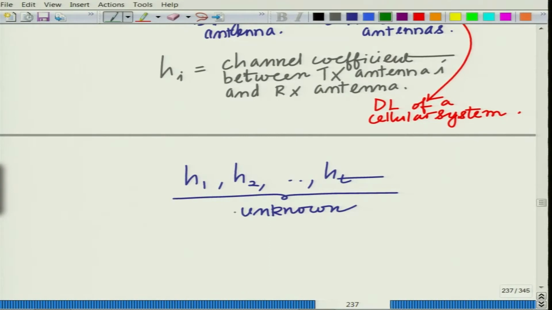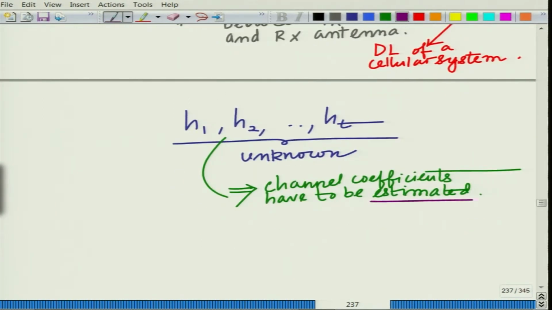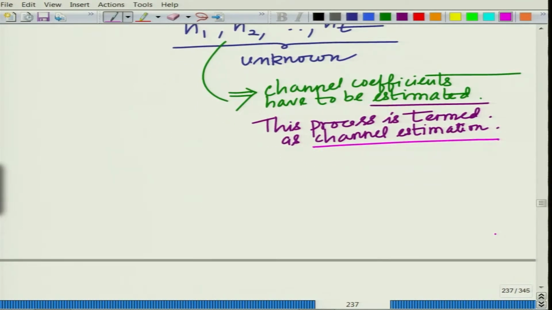So, the channel coefficients have to be estimated, determined, and this process of estimating the channel coefficients is termed as channel estimation.